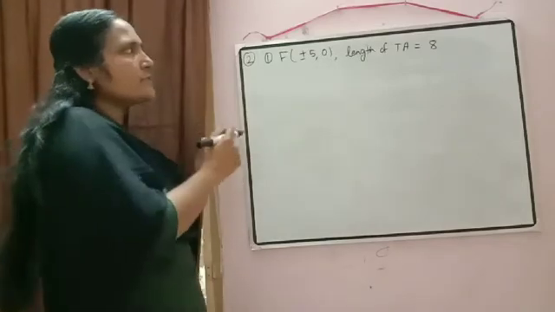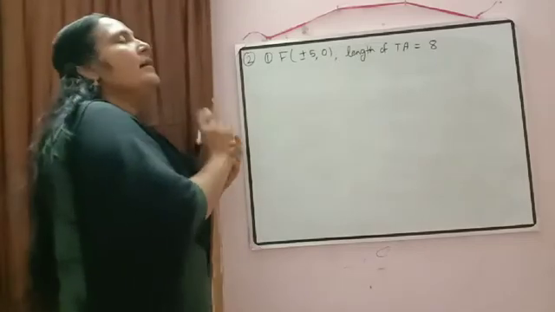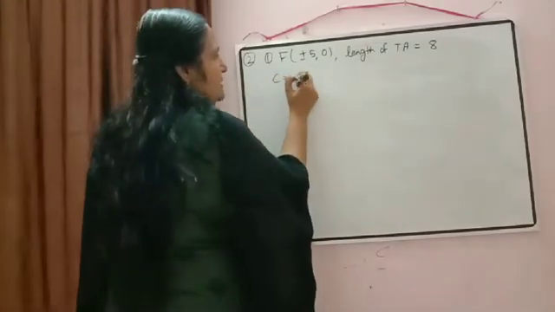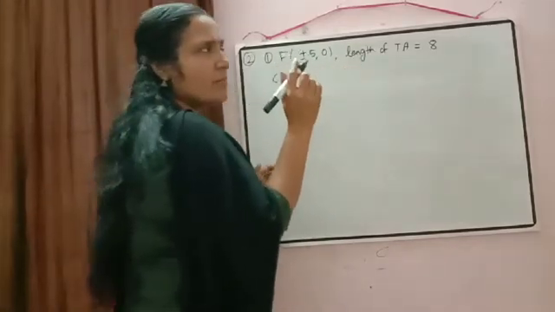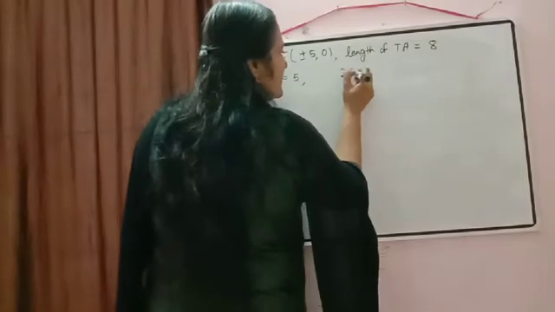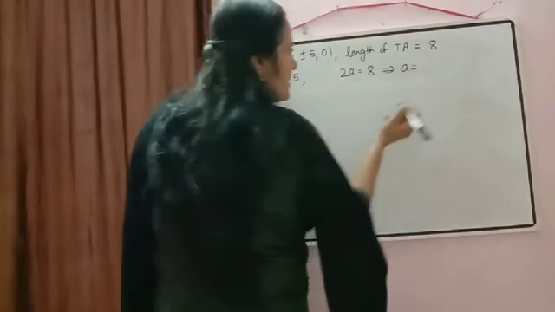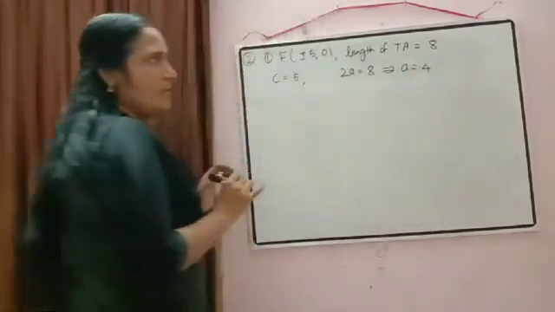Foci plus or minus 5, 0 means our transverse axis is along the x-axis. So foci is given means c is given, 5. Length of transverse axis, what is that formula? 2a. So it is given 2a is equal to 8. So from here what will be the value of a? 8 by 2, that will be equal to 4.